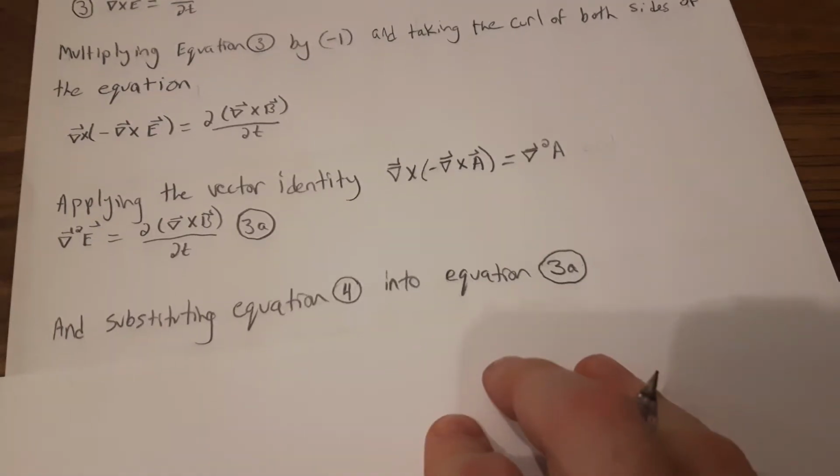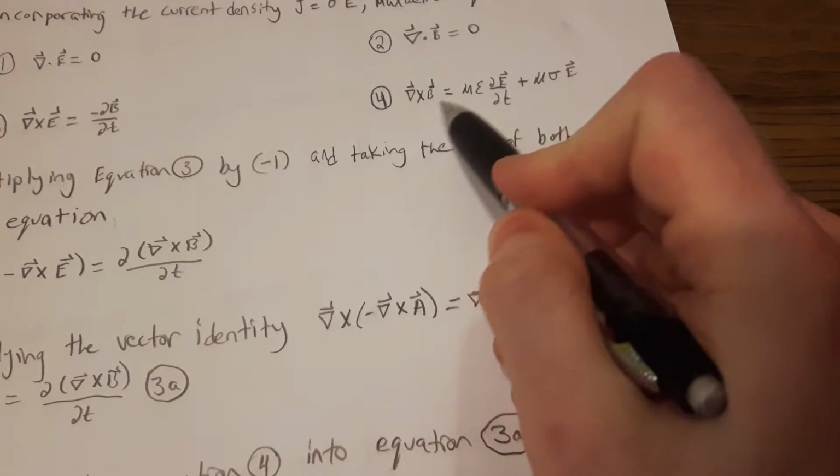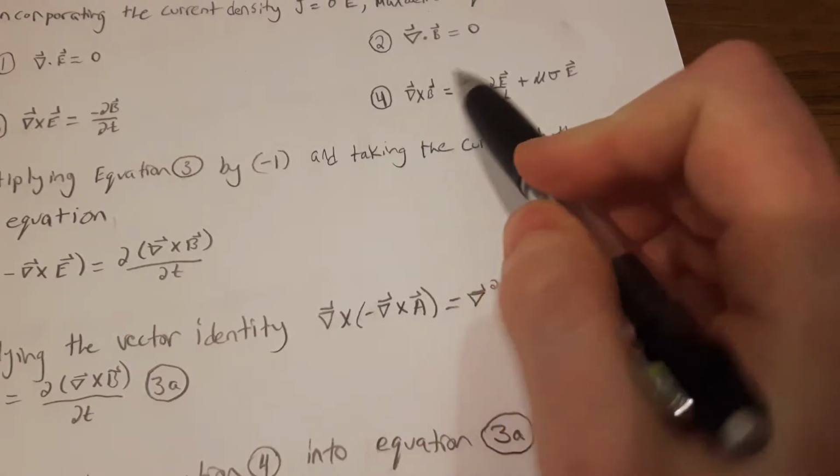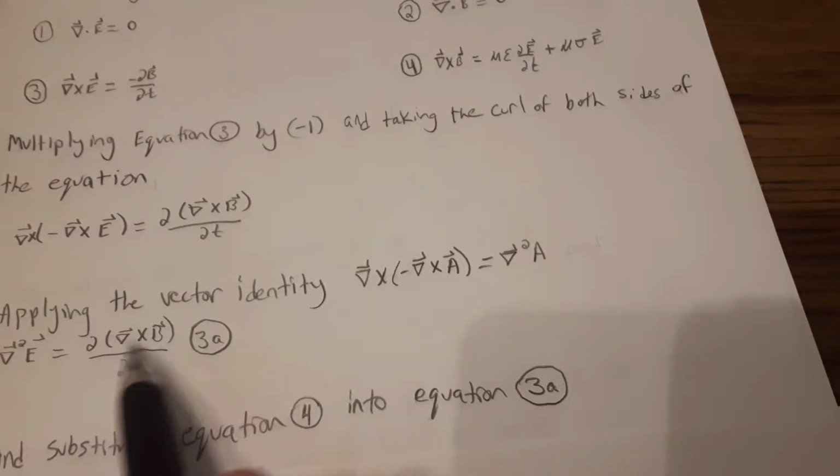Now, we're going to substitute Maxwell's fourth equation for the curl of the magnetic field into equation 3a for this expression, the curl of the magnetic field.